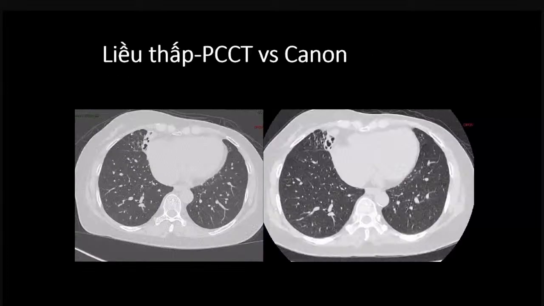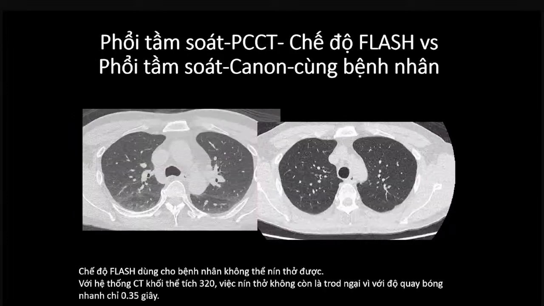Here's another patient. You can see the image quality of the PCCT on the left and the Canon on the right. Actually, both scanners still produce good image quality. Now, the problem with using a PCCT scanner is that if you have a patient who cannot hold their breath because of the scan time of 2 to 3 seconds, you can do a flash mode.